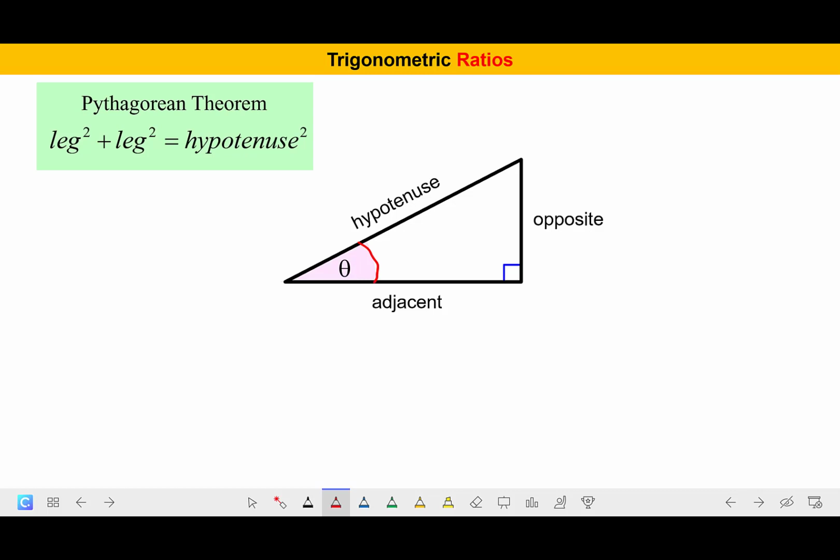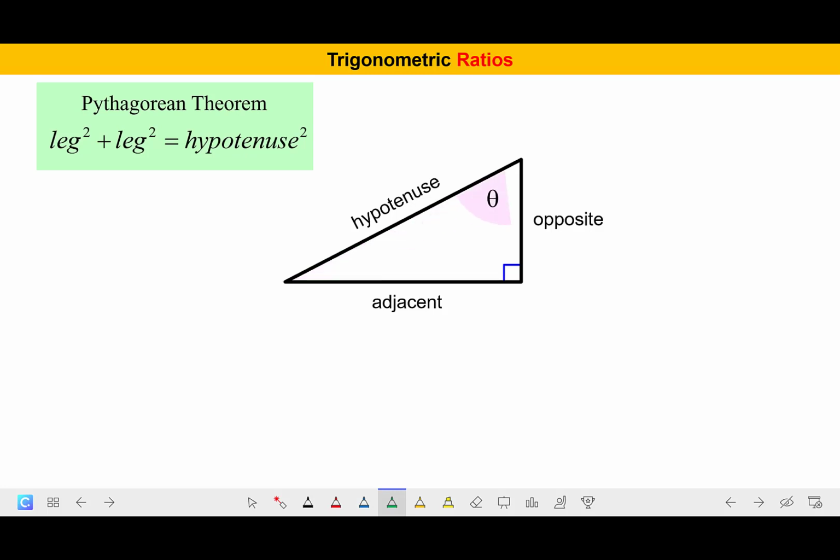Now we actually have an order. Across from the angle of interest, in this case theta, this side is not just a leg; it's the opposite side, and the side next to that angle is the adjacent side. So now these legs aren't just generic legs; they have a place.